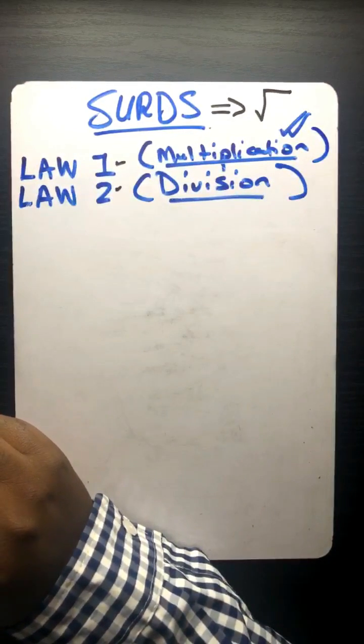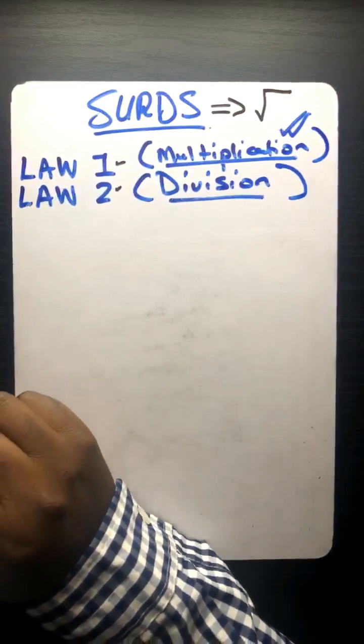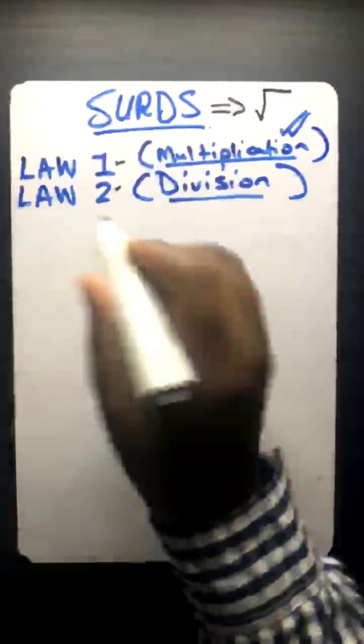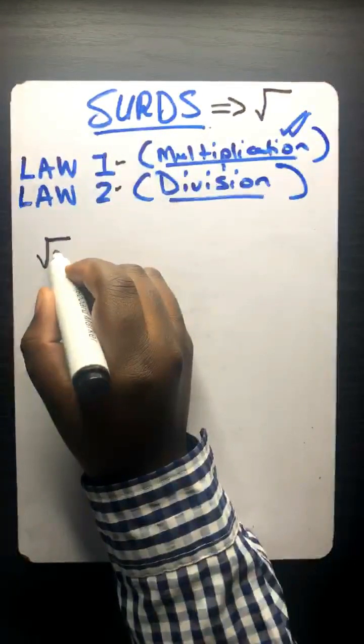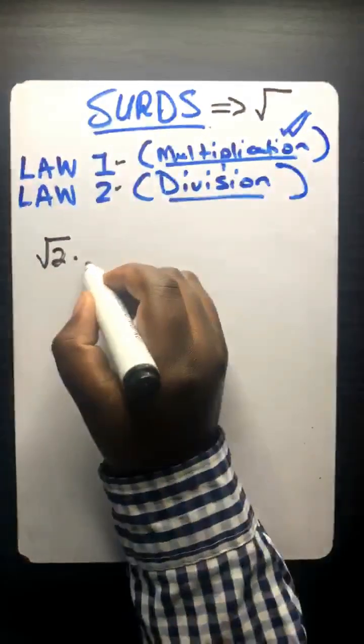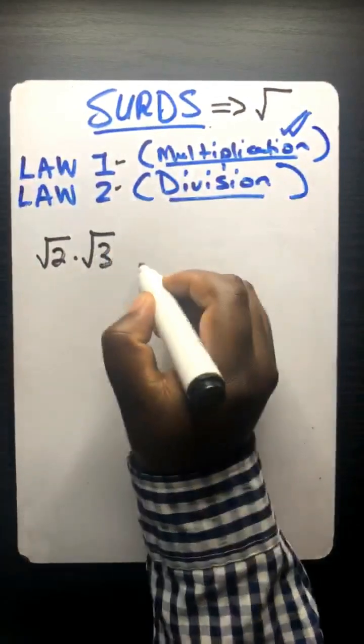Let's say, for example, maybe we are having a square root of 2 multiplying square root of 3.